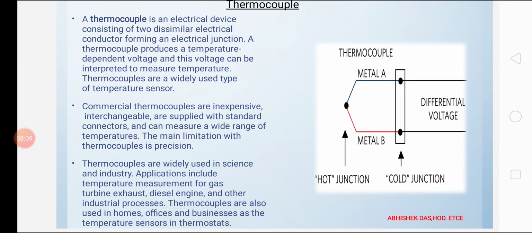The operation is based upon the Seebeck effect, which states that when heat is applied to two dissimilar metals, an EMF is generated which can be measured at the other junction. The two dissimilar metals form an electrical circuit and a current flows as the result of the generated EMF.